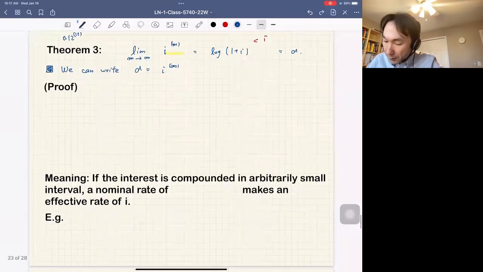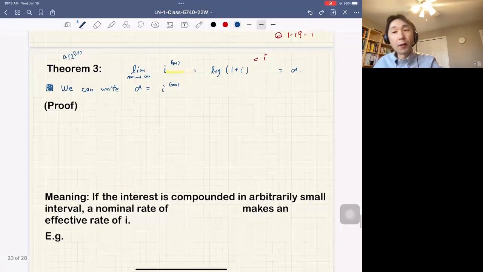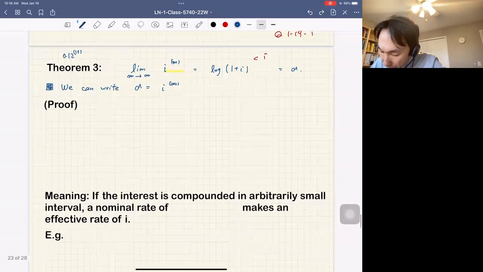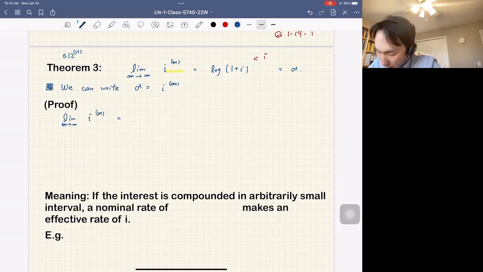Okay, so now the proof. The proof is based on the definition of the number e. So the limit as m goes to infinity of i superscript m is equal to, by definition of i superscript m, m times (1 plus i to the power 1 over m, minus 1).